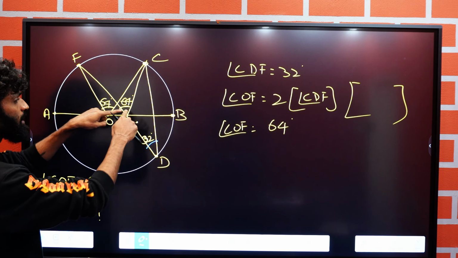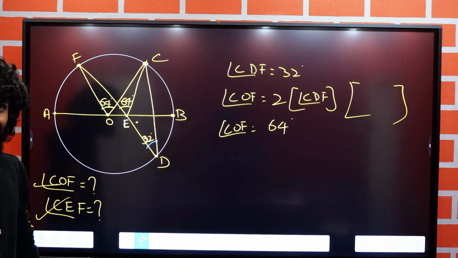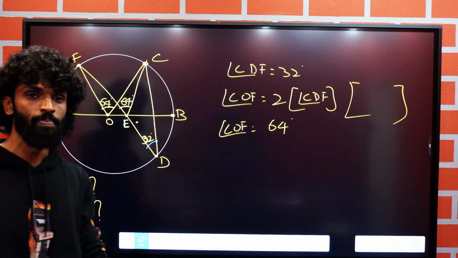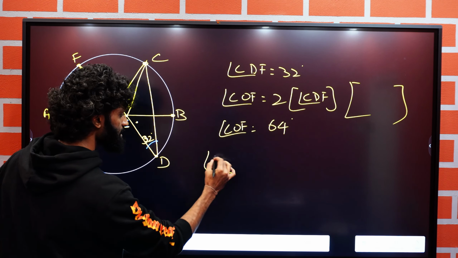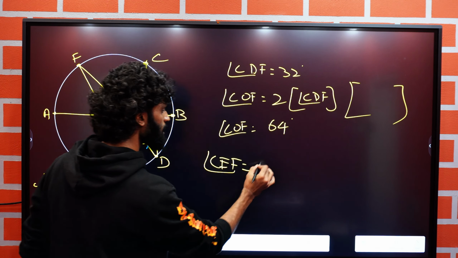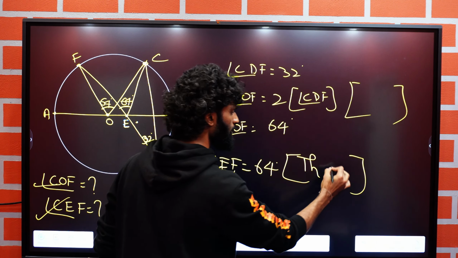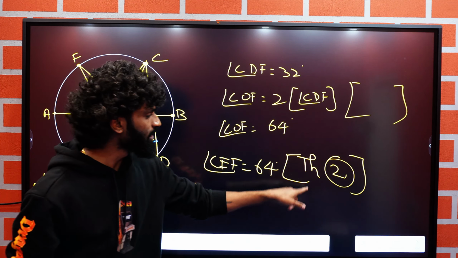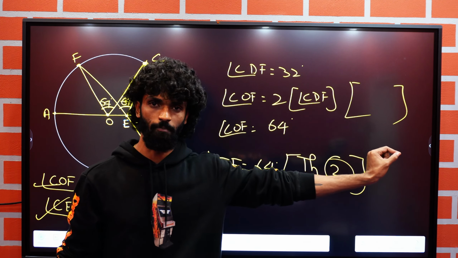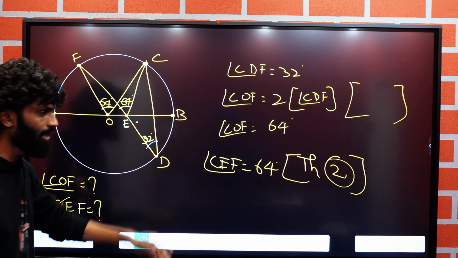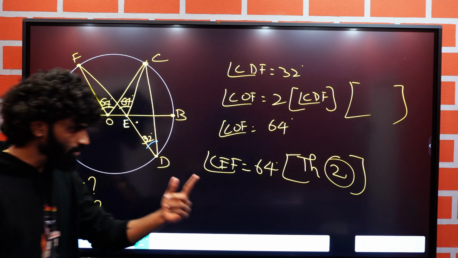Here I am only involving theorem number 2, which says angles in the same segment are equal. So automatically CEF will also be equal to 64 degrees, but the reason will be different. Here it will be theorem number 2. You are not supposed to write theorem number 2 like this. You are supposed to expand the theorem, which says angles in the same segment are equal. You get it? Next question.